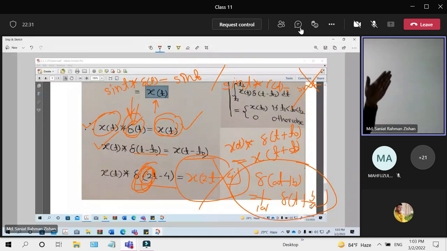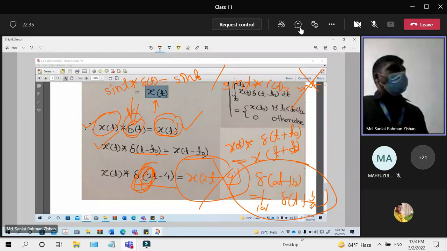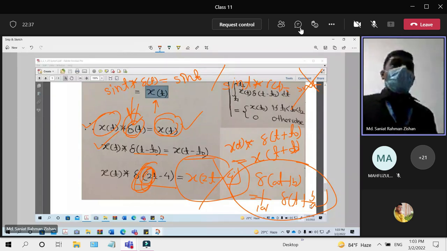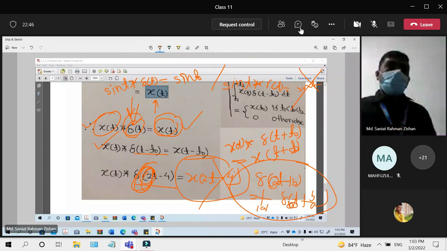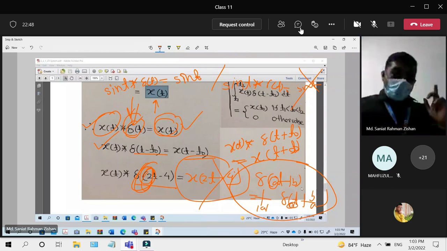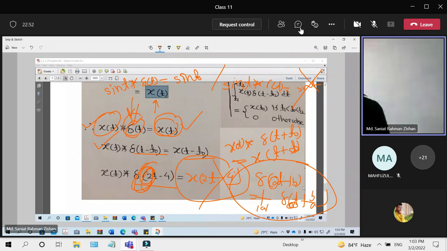After quiz 1, I covered this one during your extra class. Del at plus b equals 1 by mod a del t plus b by a. What is the advantage? On the left side there is a, but on the right side the coefficient is plus 1. Is it okay? So now, again, before I go to solve problems, I want to summarize the theory.